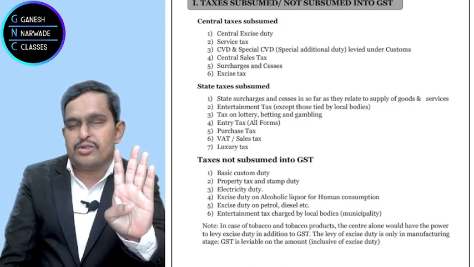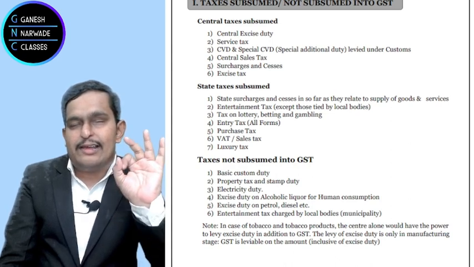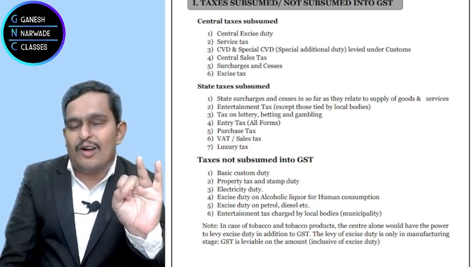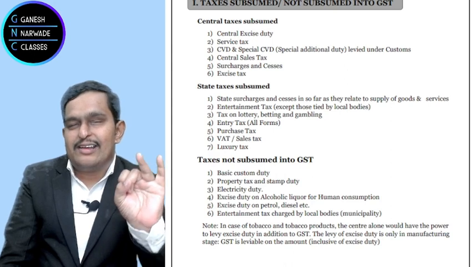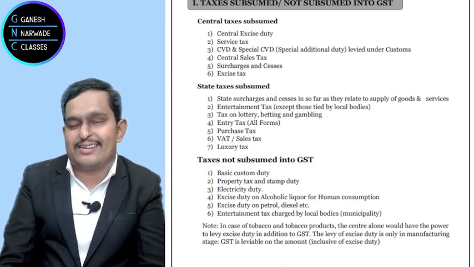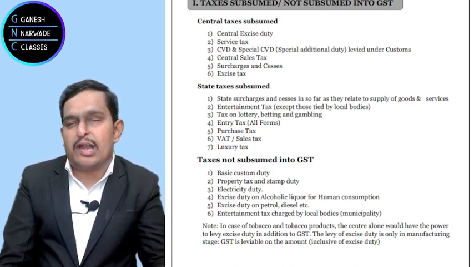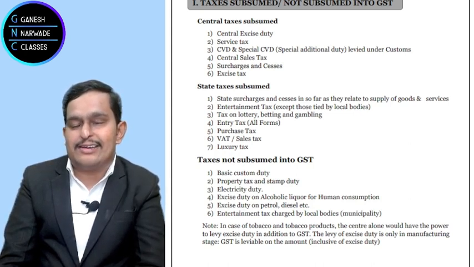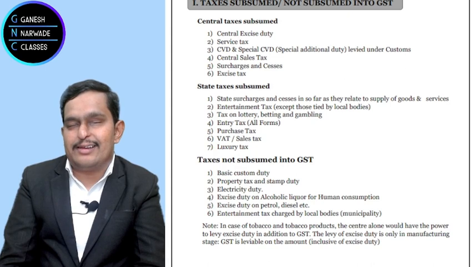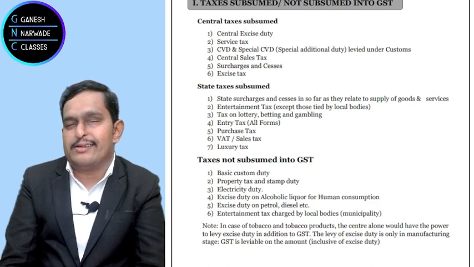So entertainment tax by local authorities continues, excise duty on alcoholic liquor by the state continues, and excise duty by the central government on tobacco products still continues, right? This way you should remember which taxes are continuing, which central taxes were deleted, and which state taxes were deleted. This may come in exams for around 4 marks. So please try to remember these things.